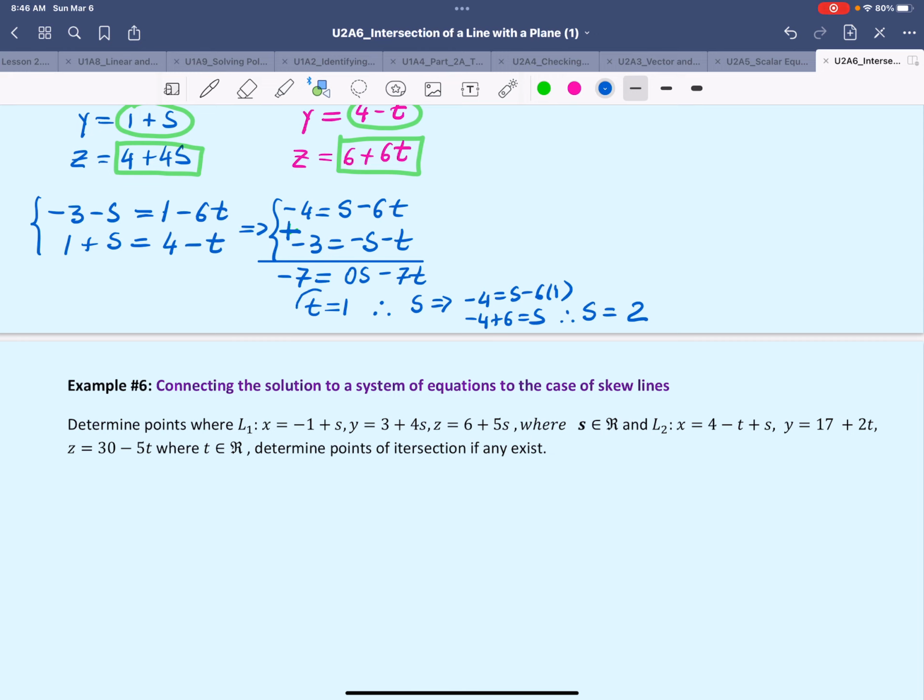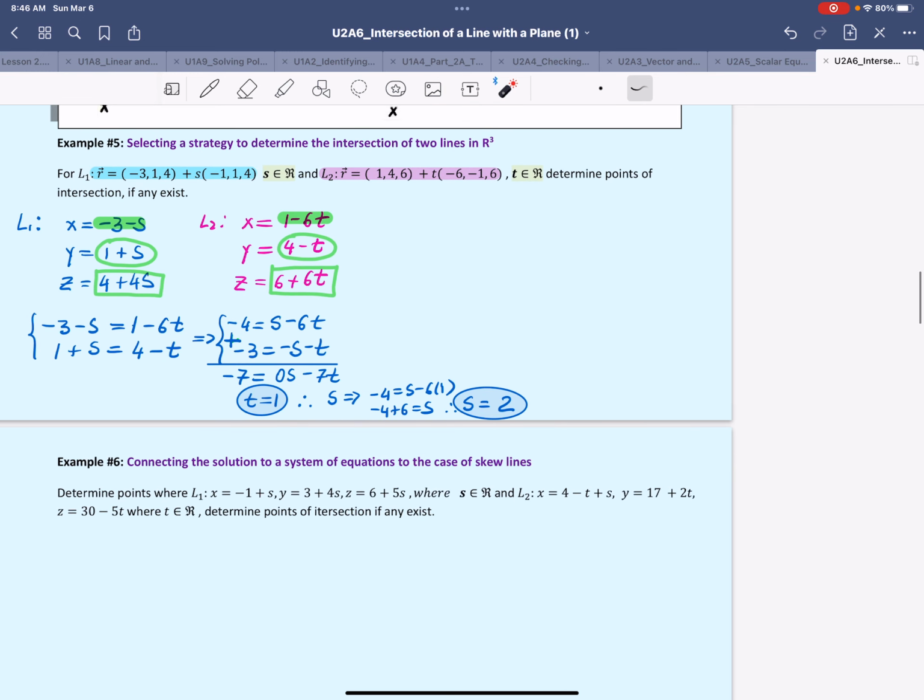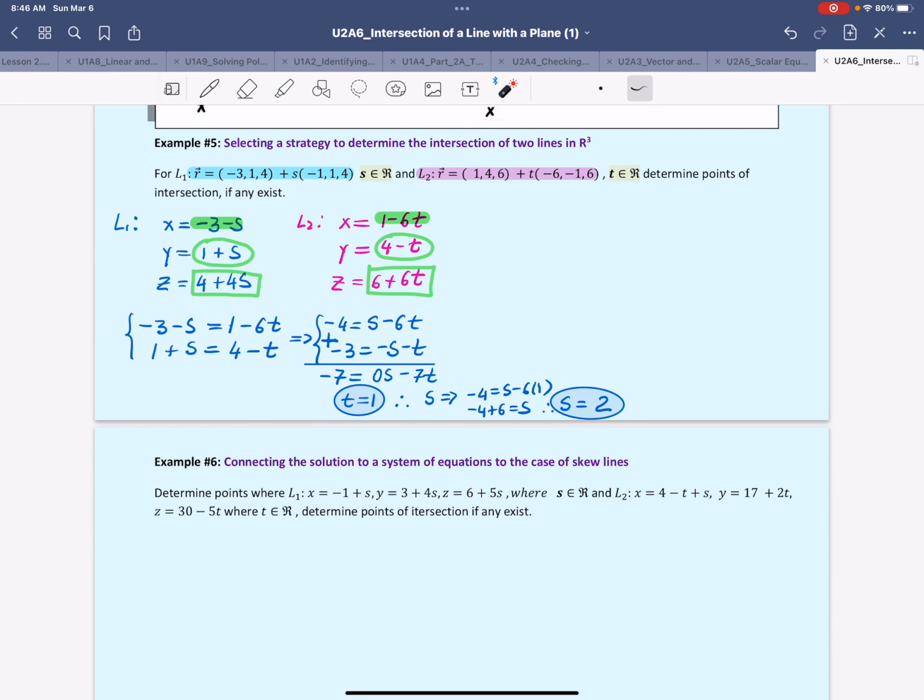So with an s value of 2 and t value of 1, so 2 and 1, we are going to go back to each parametric equation for lines L1 and L2 and find the values of the coordinates. So for line L1, we'll have the x-coordinate equal to negative 3 minus s. So negative 3 minus s means negative 3 minus 2.